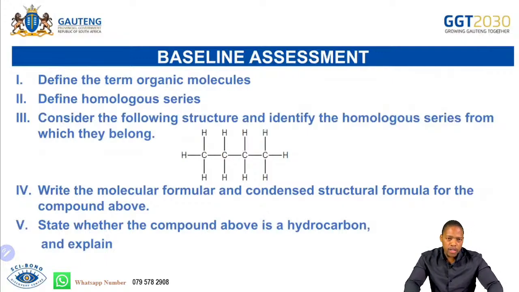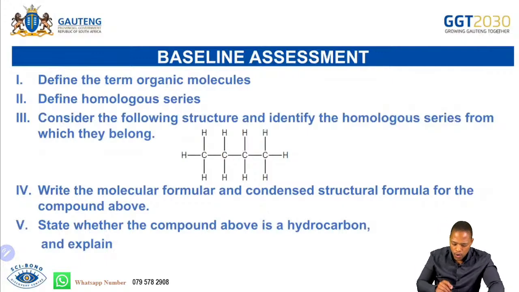And then the next question says, write the molecular formula and the condensed structural formula for the compound above. Last week we spoke about how you formulate a molecular formula by looking at the structure, if you remember where we were counting all of these things. So these are the questions that I need you to be able to answer to master what I want us to do for today.